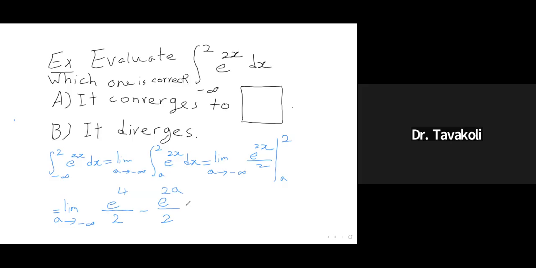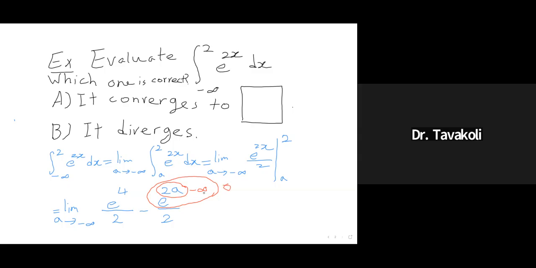Now let's apply the limits. When a tends to minus infinity, 2a becomes minus infinity. As we discussed in the previous video, as a reminder from Calc 1, e to the power of minus infinity is 0.